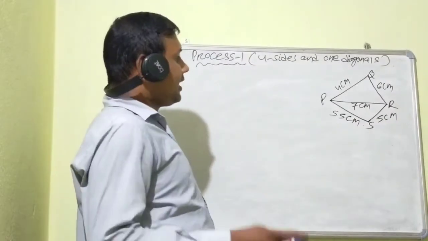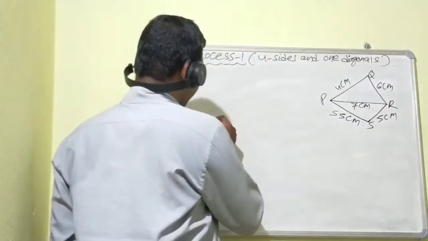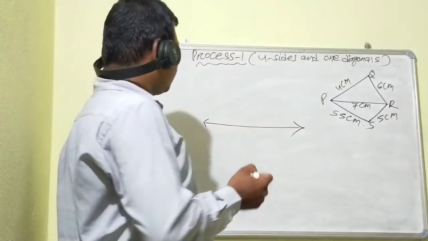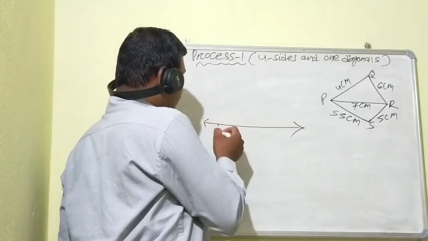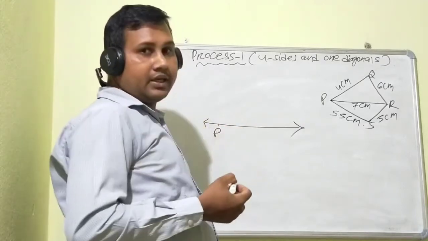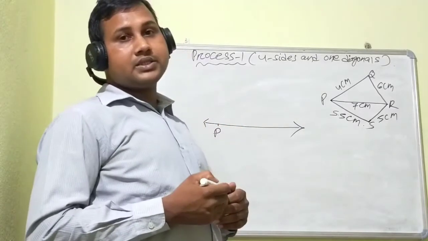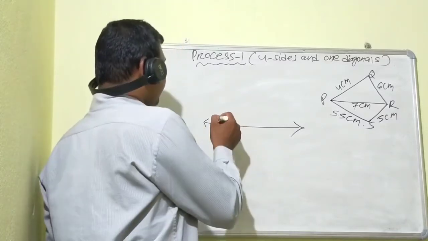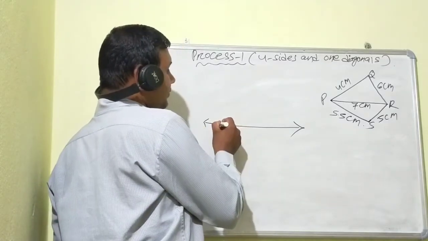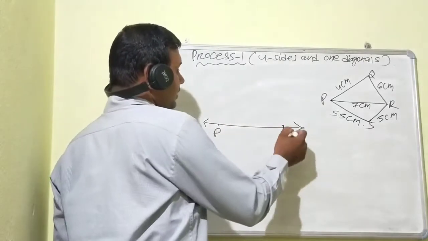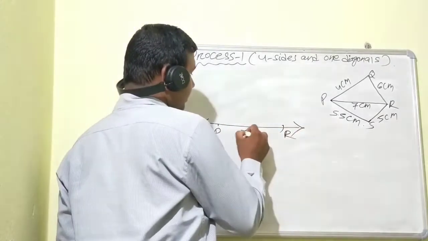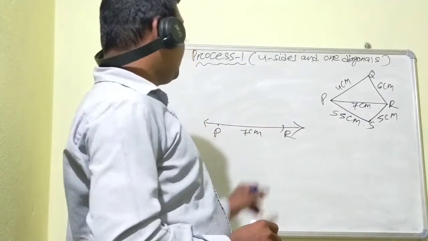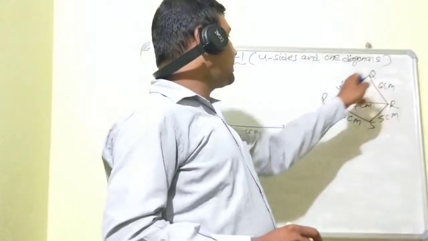For that, first we take a line. Then take a point P. Through the compass, measure 7 centimeter, and keeping the compass tip at point P, cut PR, that is 7 centimeter. That is the first step.